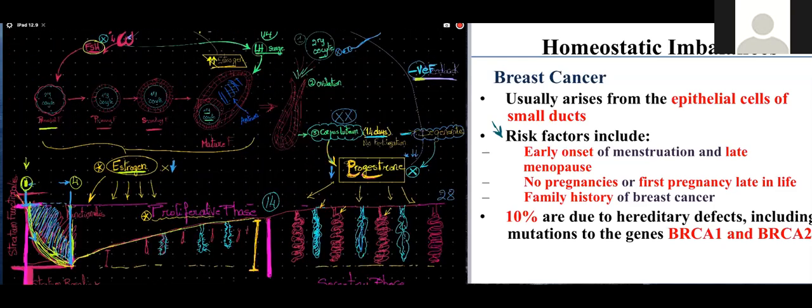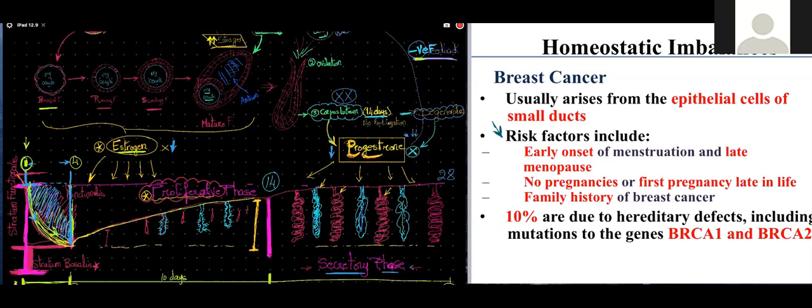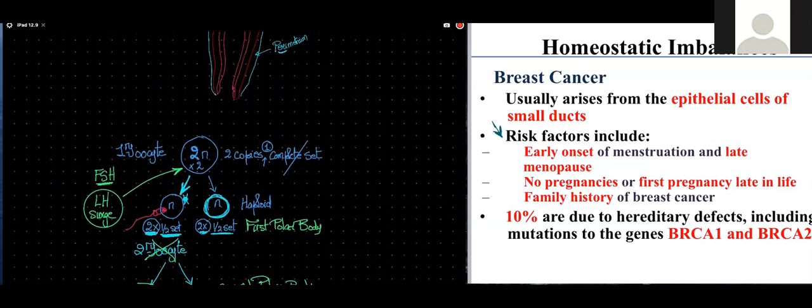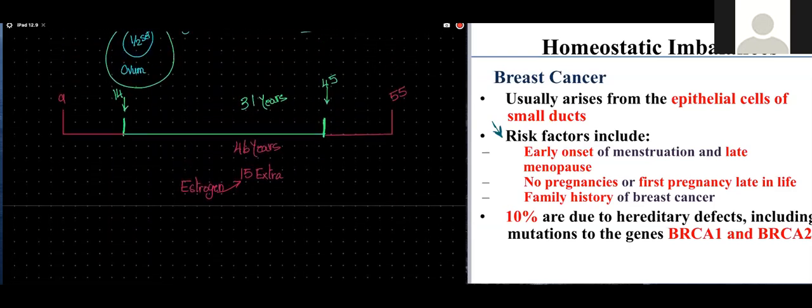Remember, it enhanced the proliferation. It's also going to be enhancing the proliferation of the mammary glands, putting this second person at a greater risk of developing a breast carcinoma.